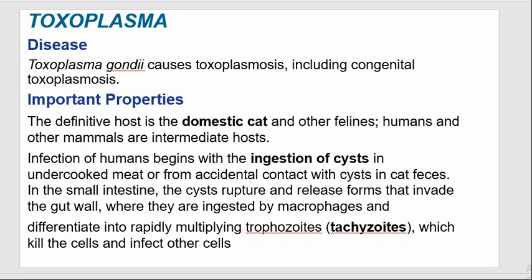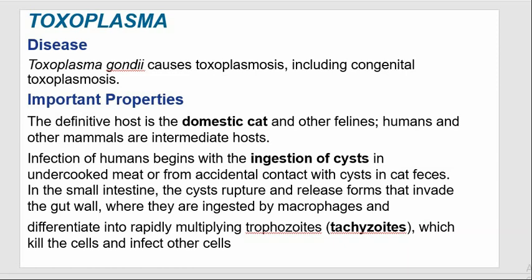The sexual reproduction occurs in the domestic cat لذلك تعتبر definitive host، بينما الهيومن راح يحدث به asexual reproduction وبذلك يعتبر intermediate host.